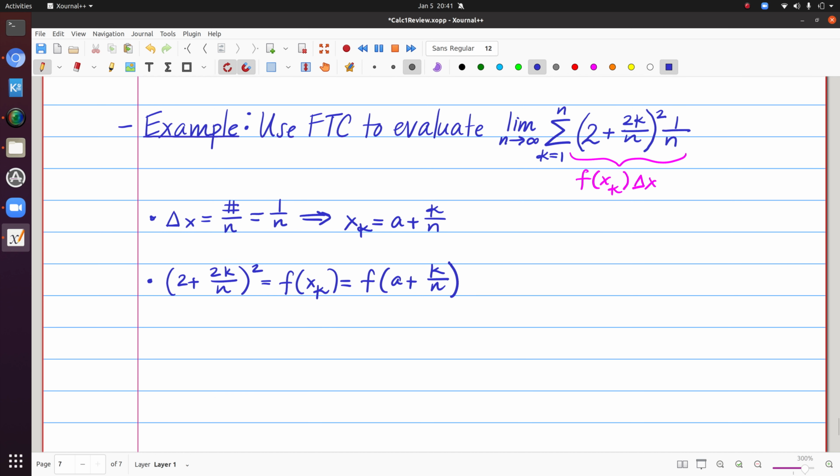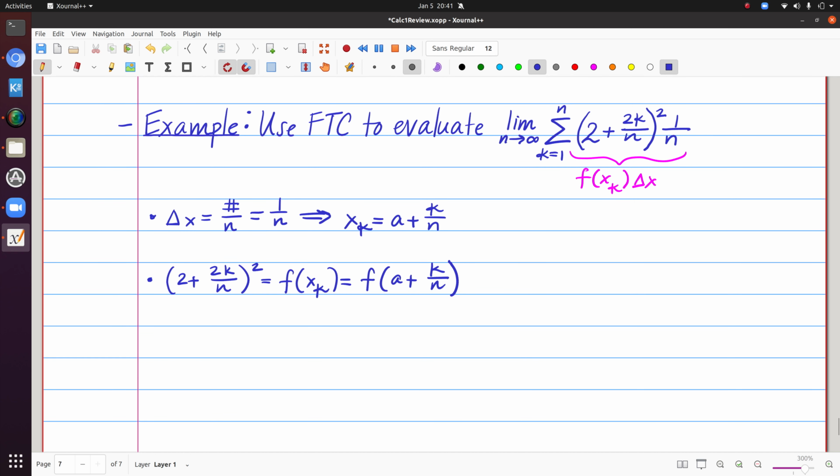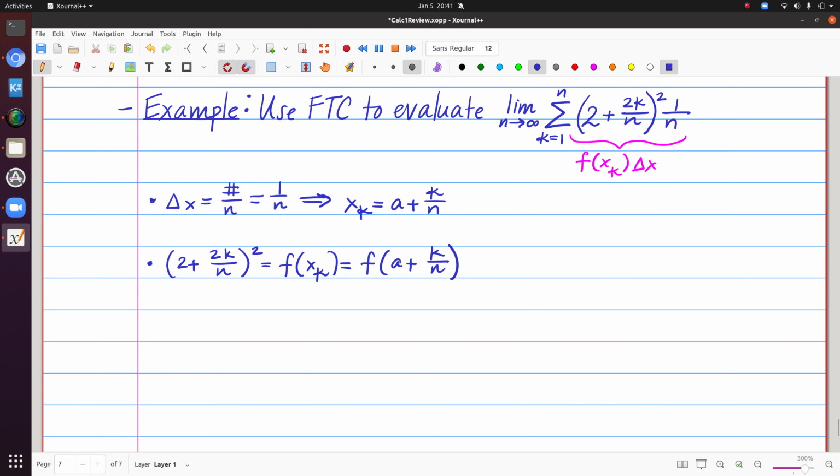First of all, if we look at this here, one thing that we could do is we could just simply choose, maybe I'll call this choice 1. So one thing we could do is choose a to be 0. So what happens if we do that?